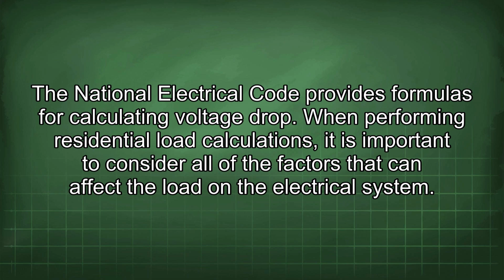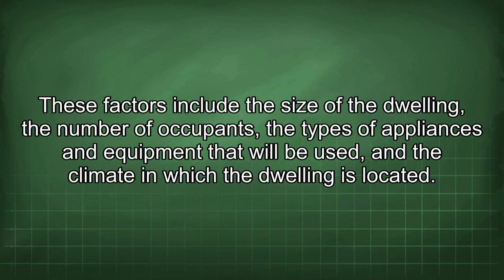When performing residential load calculations, it is important to consider all of the factors that can affect the load in the electrical system. These factors include the size of the dwelling, the number of occupants, the types of appliances and equipment that will be used, and the climate in which the dwelling is located.